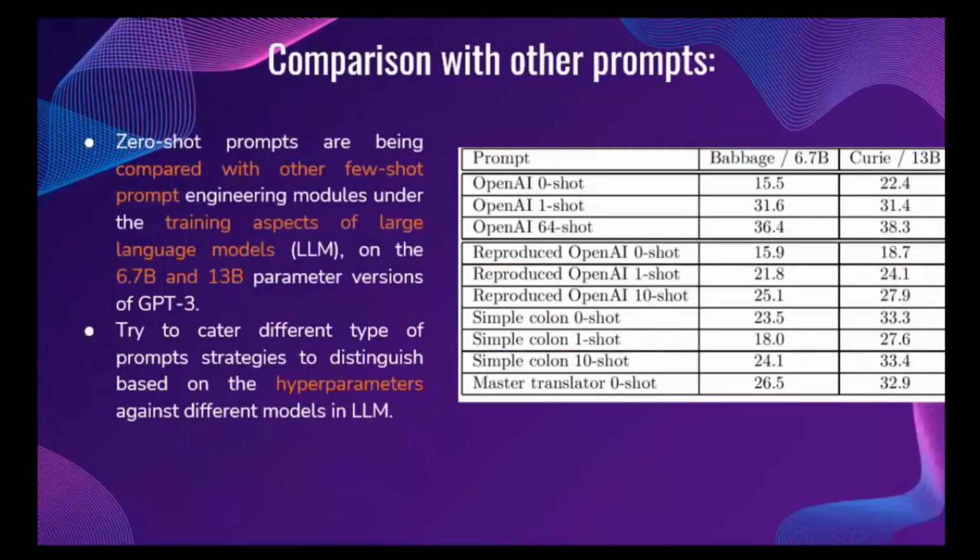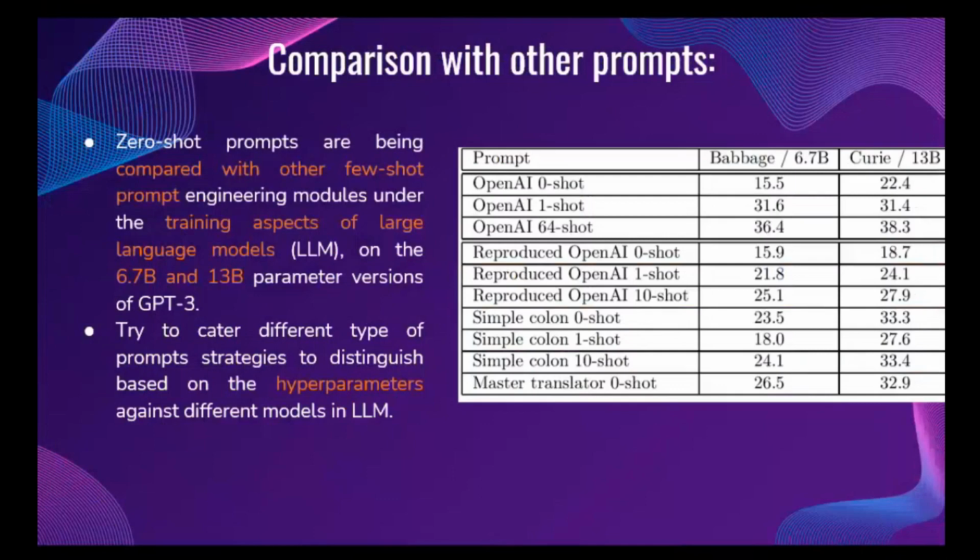Now let's look at the zero shot prompt, where it stands up against other strategies. Here we are talking about training LLMs like GPT-3 with a considerable 6.7 or 13 billion parameter model. It's like having different strategies to accommodate different models, all of which are designed to stand up based on their hyperparameters.